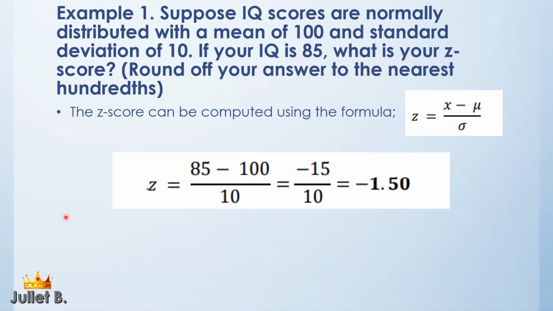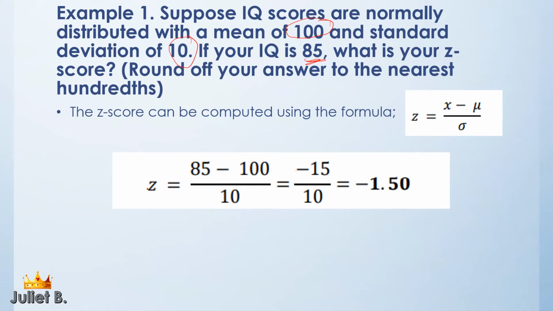So, let us list all the given. Substituting the given to the formula, z is equal to, the value of x is 85, the value of the mean is 100, and the standard deviation is 10.